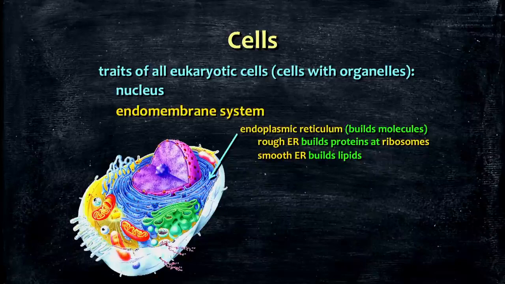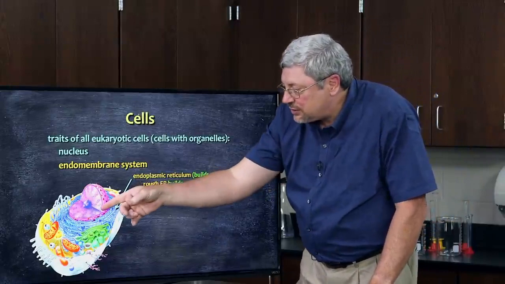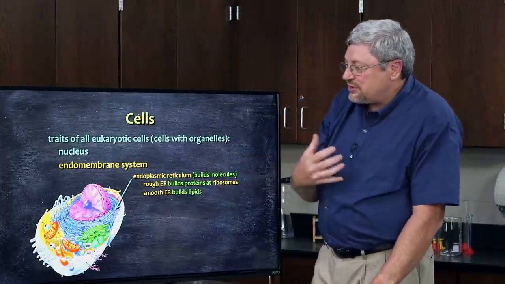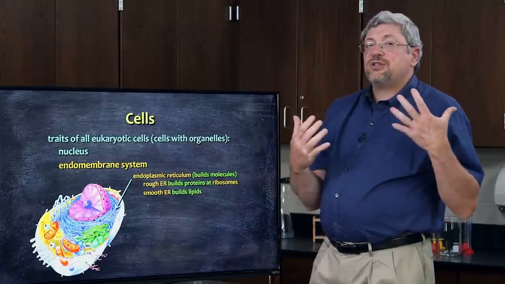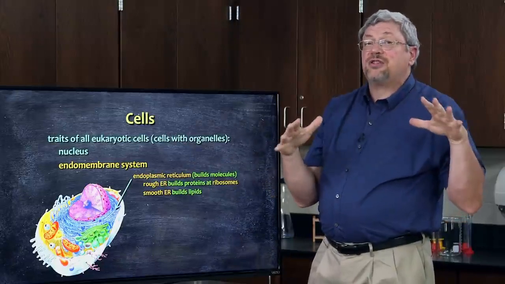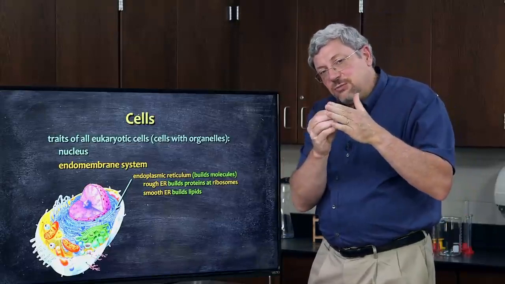You go into the thing and go back and forth, back and forth, back and forth, and make your way through the endomembrane system, through the endoplasmic reticulum, from the nucleus all the way out towards the outside of the cell.